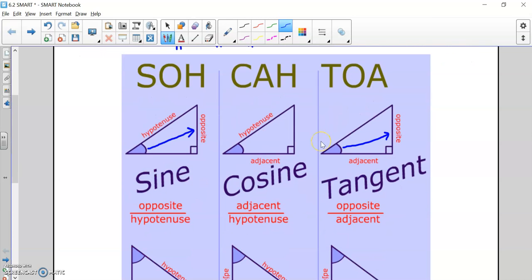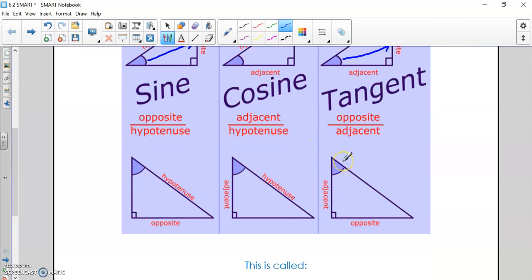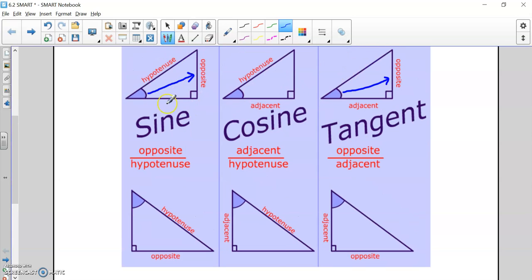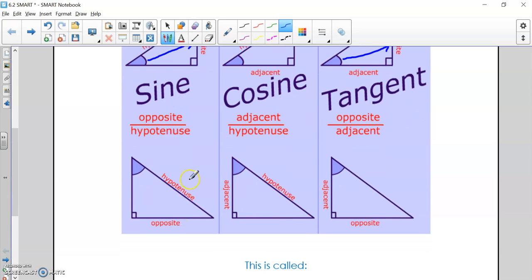Okay. Down here, there is a new set of pictures just to show you that these ratios and the location of each of these side labels changes based on which angle you are talking about. So like here in this top triangle, the angle in question was the bottom left angle, right? And we learned yesterday that when we took tangent, we always took a tangent of an angle. But the triangles aren't always going to look the same.